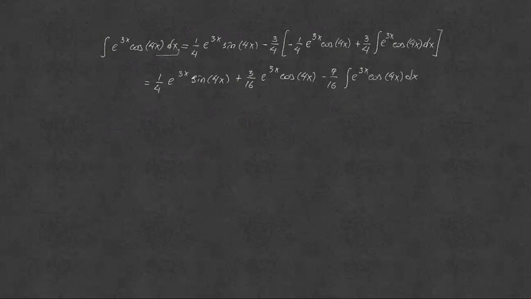This is the original integral that we have, and this is the same integral we have on the left. So what we are going to do is move this whole term to the left, or in other words, add 9/16 of this integral to both sides of this equation.